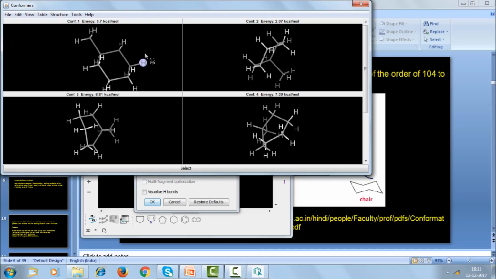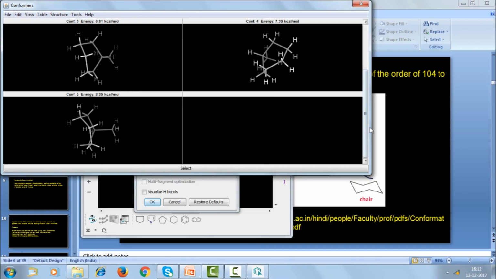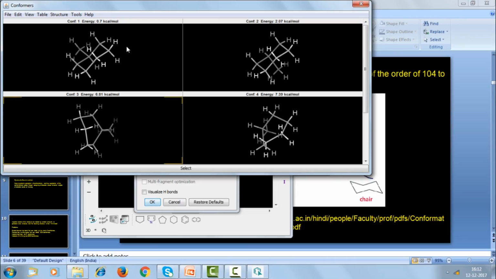This gives you the lowest energy, which is 0.7 kilocals, and this particular one gives you quite a high energy, 8.3 kilocals.